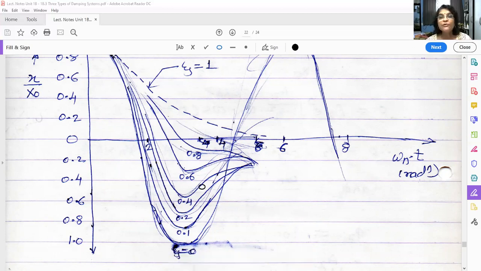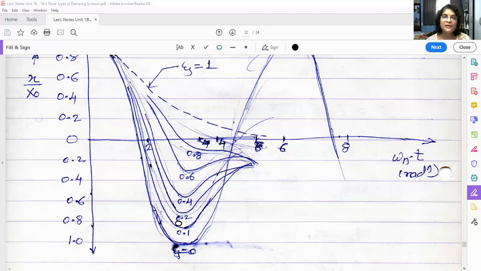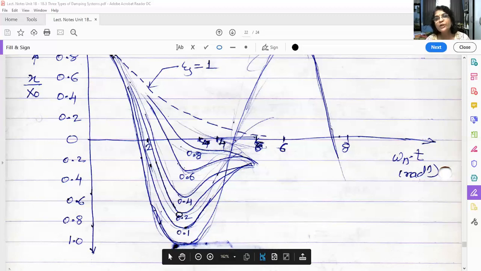Now just think, if I further change the value of zeta, what will happen? Whether the amplitude is decreasing or increasing? If I increase the value of zeta, that means instead of 0.1, if I take 0.2 now, what will happen?